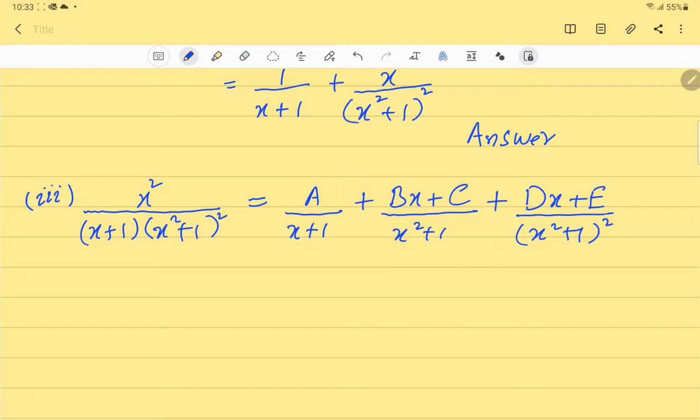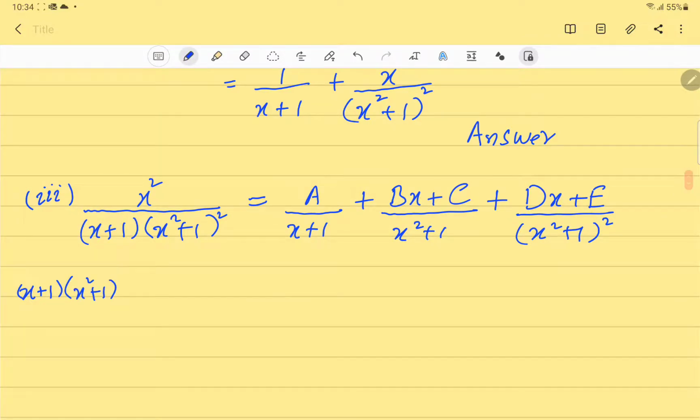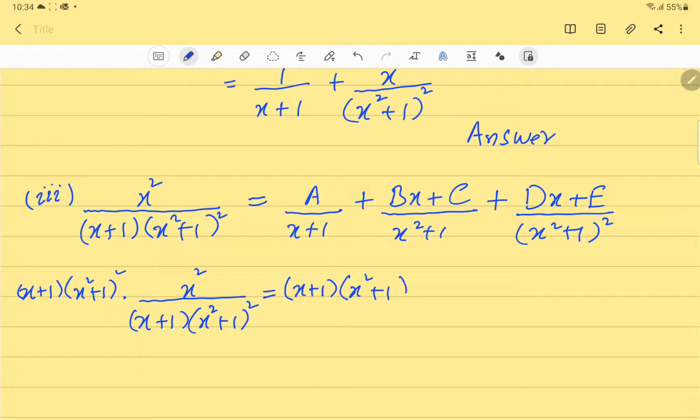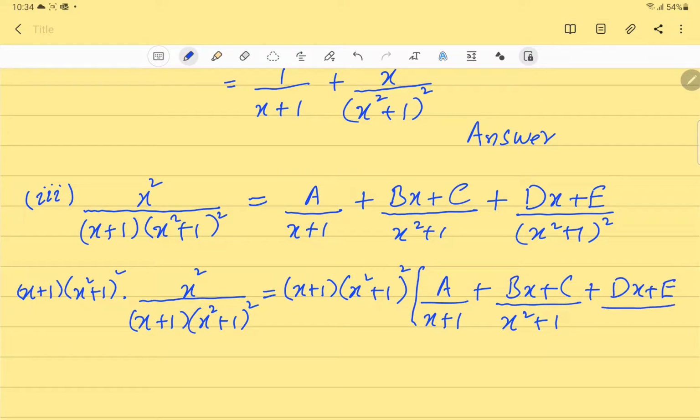Now we will multiply both sides by x plus 1 into x squared plus 1 whole squared. x squared over x plus 1 into x squared plus 1 whole squared is equal to x plus 1 into x squared plus 1 whole square into a over x plus 1 plus bx plus c over x squared plus 1 plus dx plus e over x squared plus 1 whole squared, bracket close.